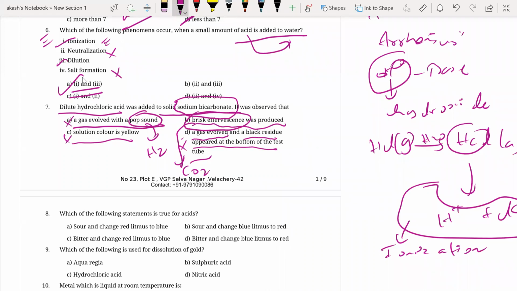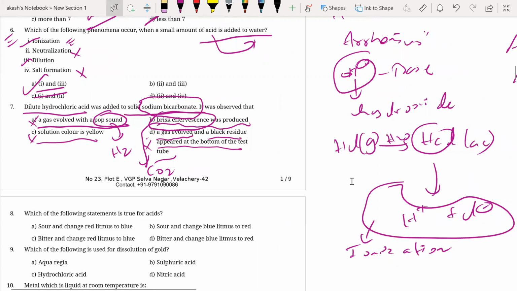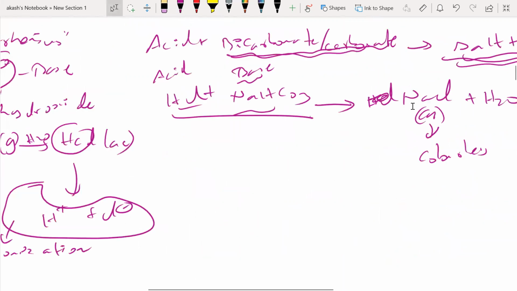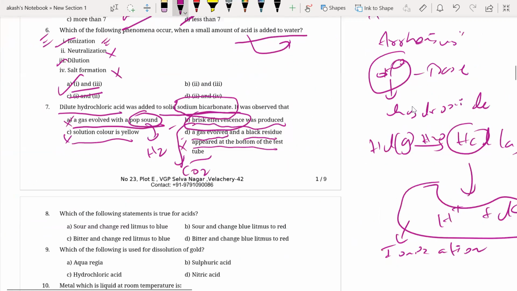Effervescence means in Tamil pongi varadu, like something coming out with fizzing sounds. That is what is happening because of the production of CO2. Because it's a bicarbonate, CO2 is produced, so a brisk effervescence is produced. So the correct answer to this question is option B.